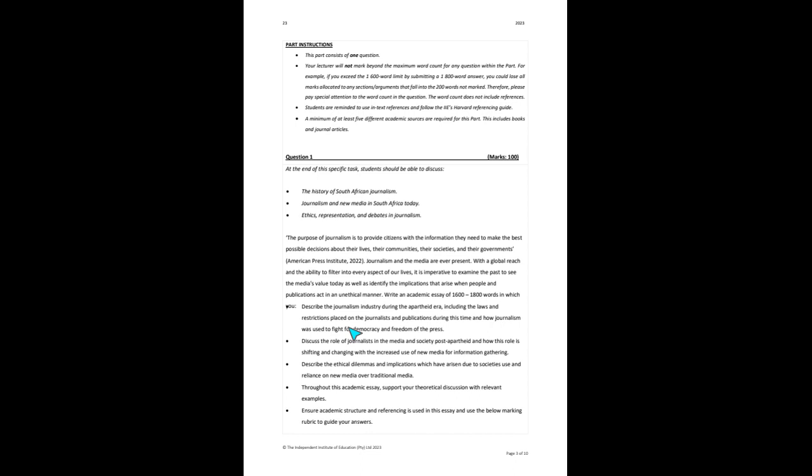Then we'll have our body, which will have our multiple paragraphs with all the information that we're going to go through now. And then you will have your conclusion, which has no new points of information and just sums up what you have spoken about in your essay. Again, each of these elements is important. It's really important to make sure that you are thinking clearly and looking at everything from a logical perspective.